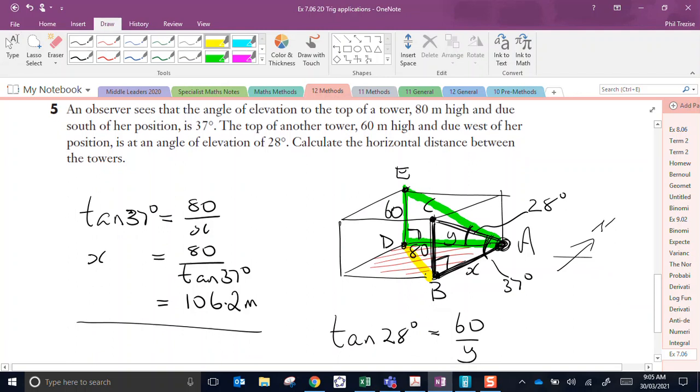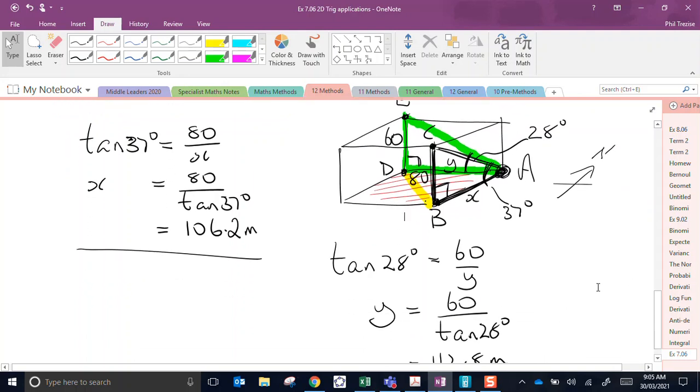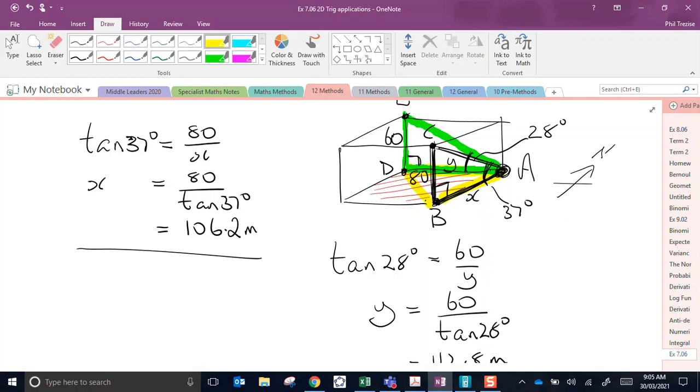Now my diagram's getting a little bit complicated and a little bit confusing, so I'm going to redraw just the part that I'm interested in. I notice that the two edges X and Y and the new yellow line that I drew between B and D would form another triangle. If I draw a picture from looking straight down from above, that would be point A where my observer is.